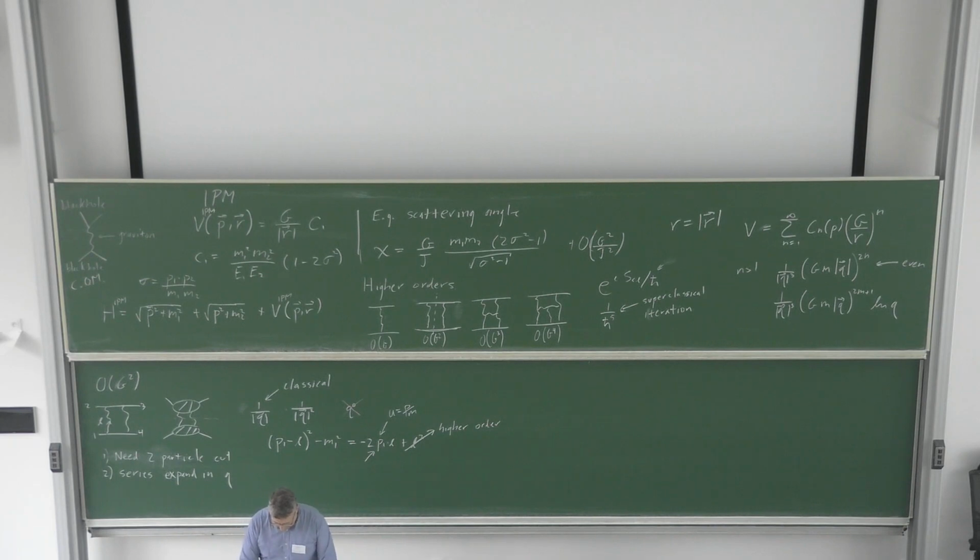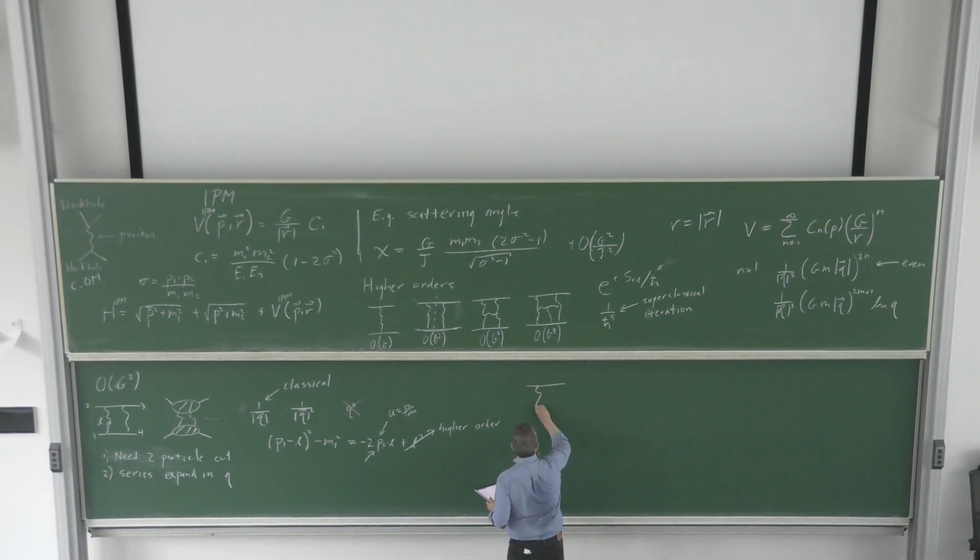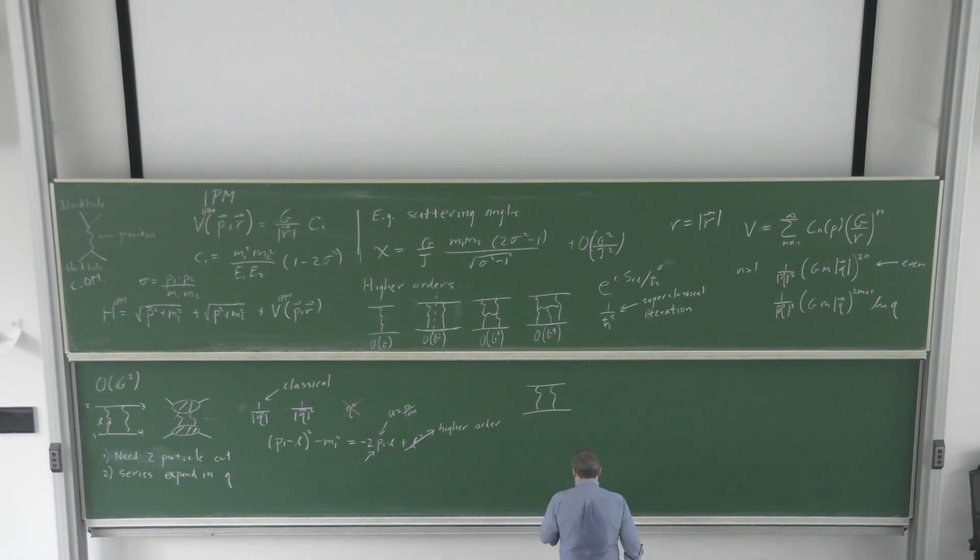That's the basic trickery, and then we can start counting, looking at diagrams. Once we've understood this, we can start counting the scaling of the different diagrams, how they behave. For example, we can look at a diagram like this, how it behaves in terms of this Q counting, or H bar counting.